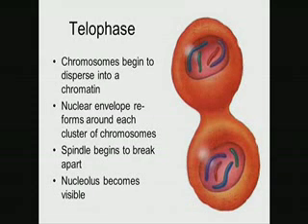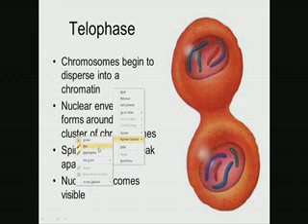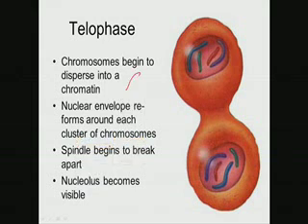Next comes the telophase. In the telophase, the chromosomes begin to disperse or decondense into chromatin material. So the chromosome is decondensing into chromatin fibers like this.